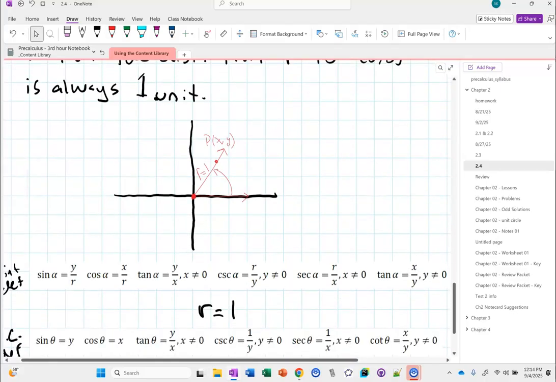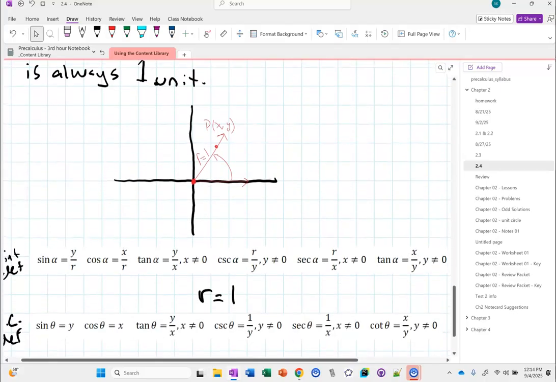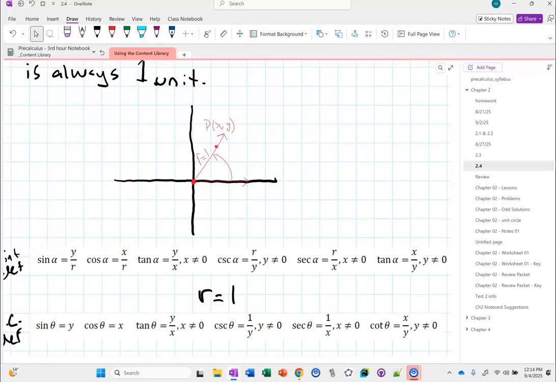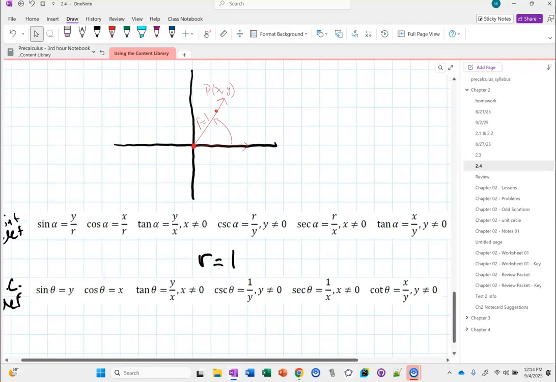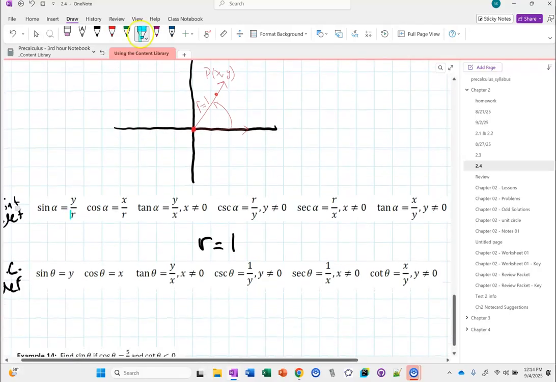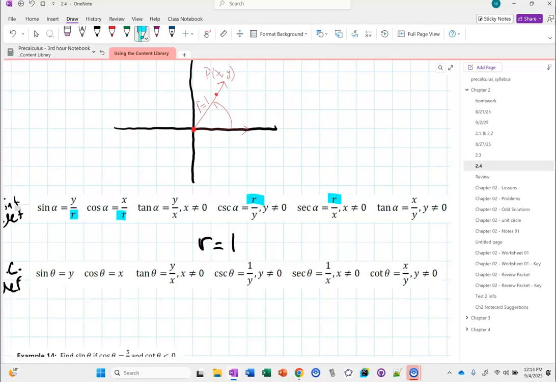So all of my old formulas collapse down if I just replace my r's with 1s. Notice that y over 1 and x over 1 we just write as x and y.